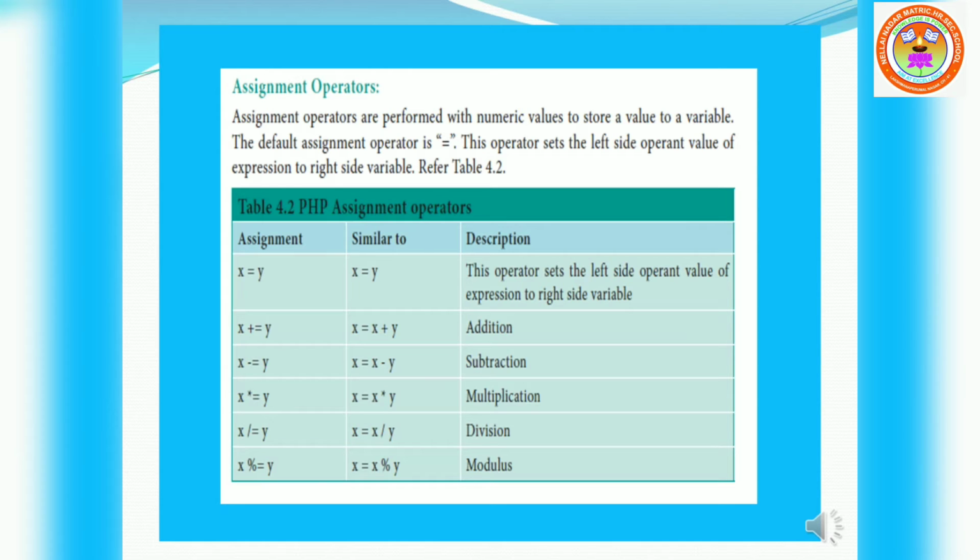This operator sets the left side operand value of the expression to right side variable. So here x is equal to y is similar to x is equal to y. So both are equal.